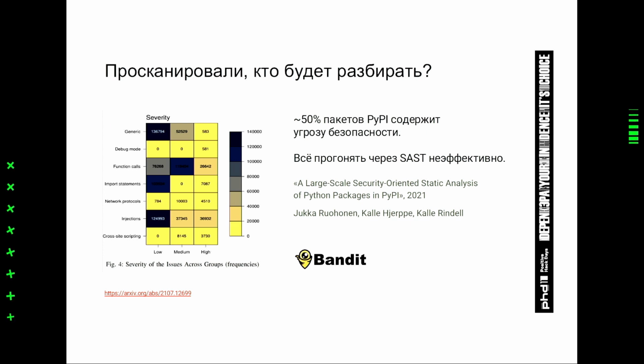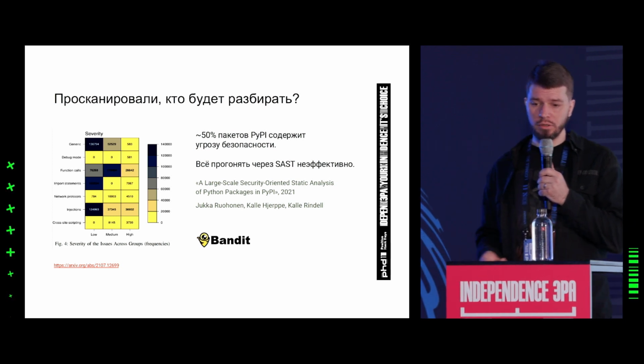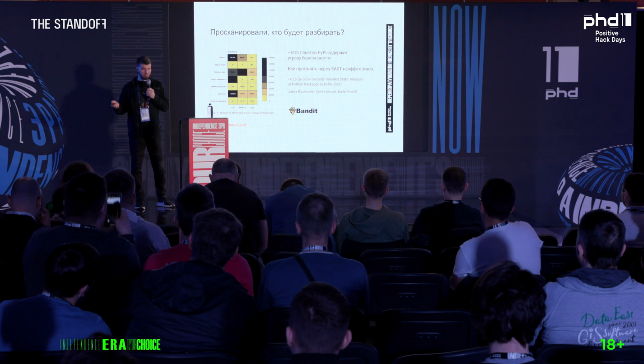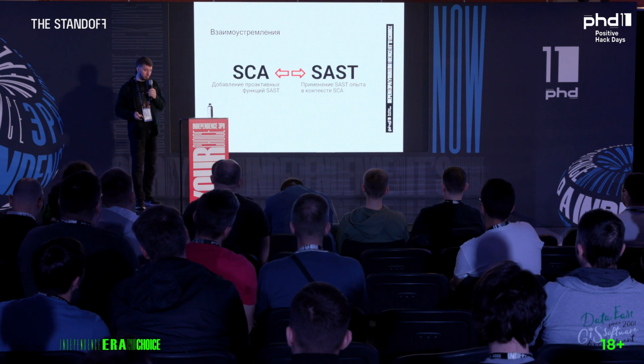And 50% of packages are vulnerable. If you look deeper or read the article, you'll see that there are vulnerabilities that are rather sizable, substantial, like injections and all that.